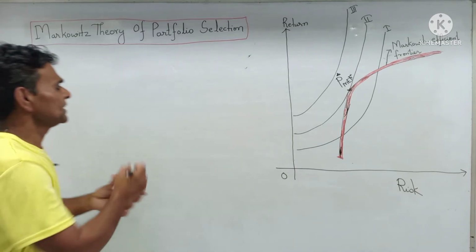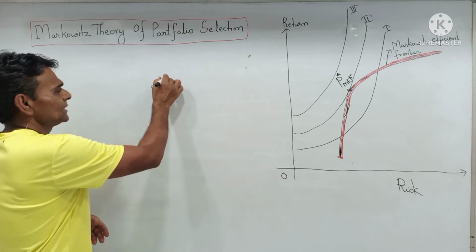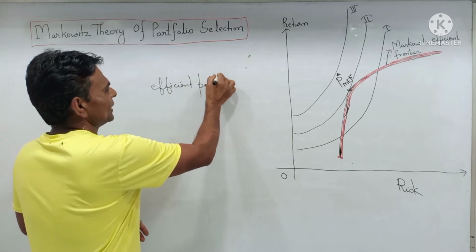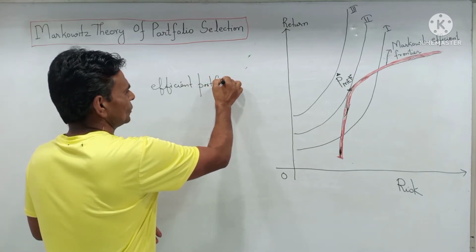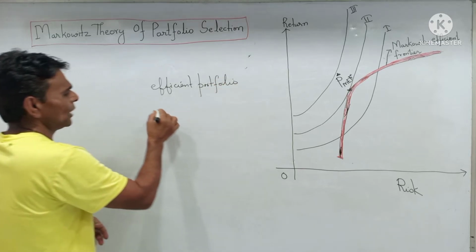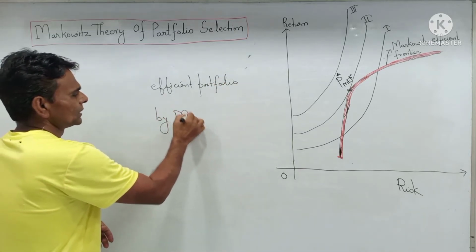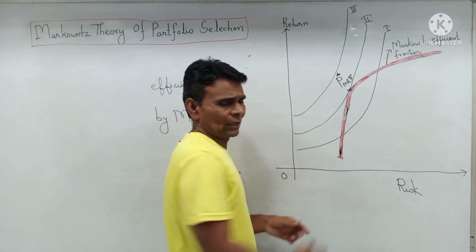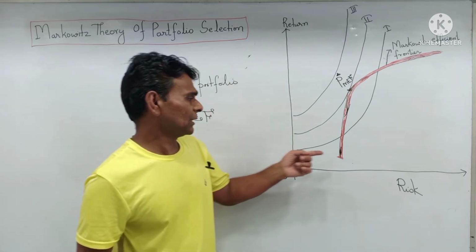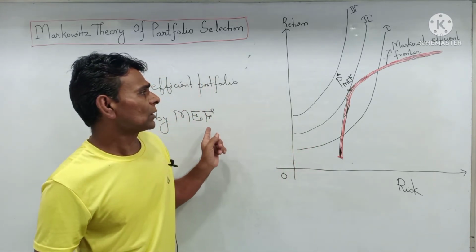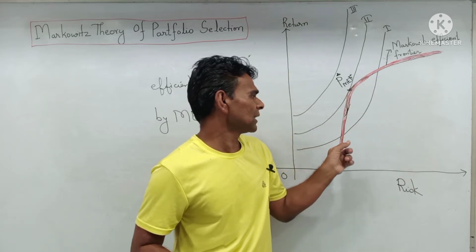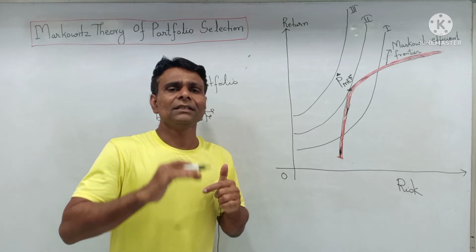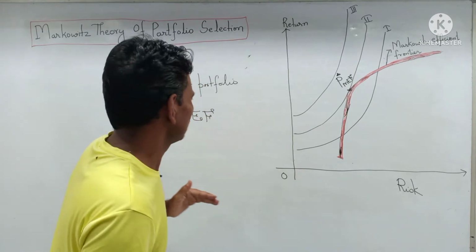A set of efficient portfolios is given by the Markowitz efficient frontier. You can see the red color line representing the Markowitz efficient frontier. This line is a set of efficient portfolios.